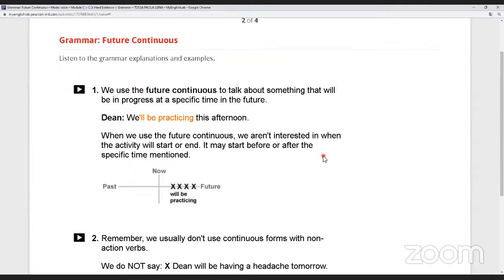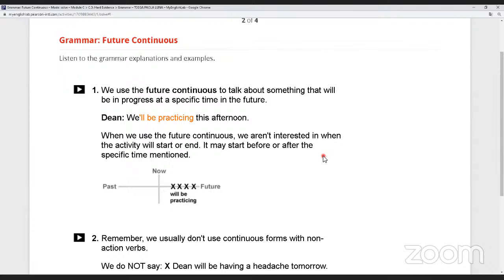Okay. So first of all, when we're gonna find the continuous form in any lesson, the first thing that we're gonna focus on is the continuation of an action. Okay, what does it mean? As we learned, we've seen present continuous, past continuous.